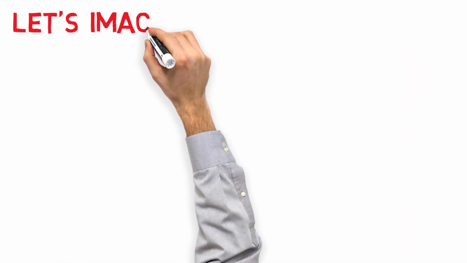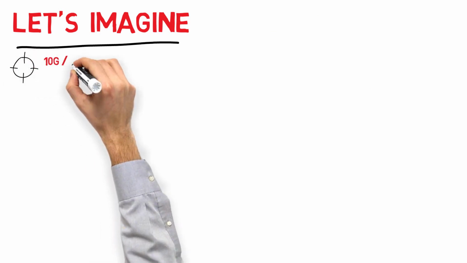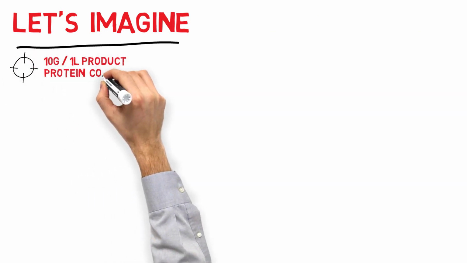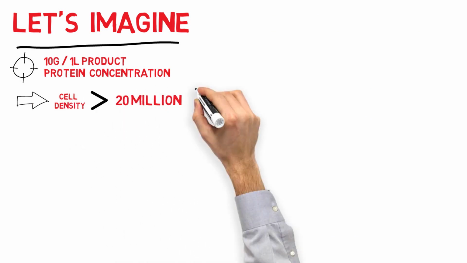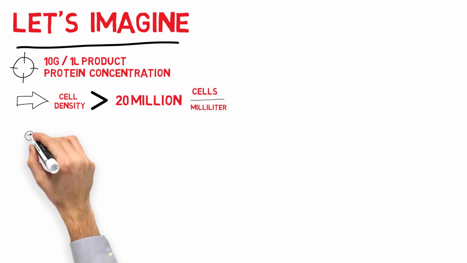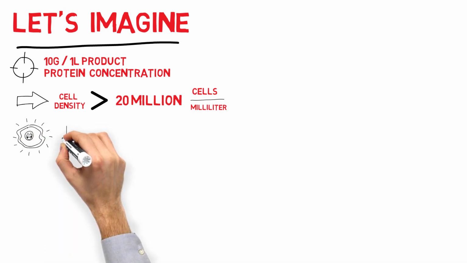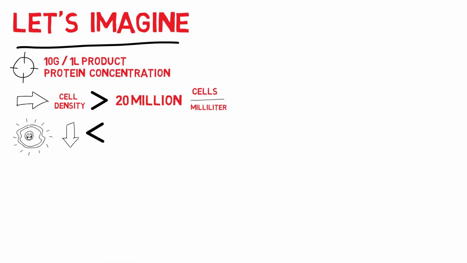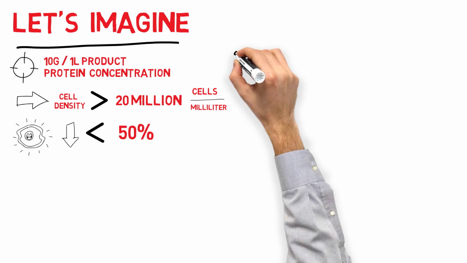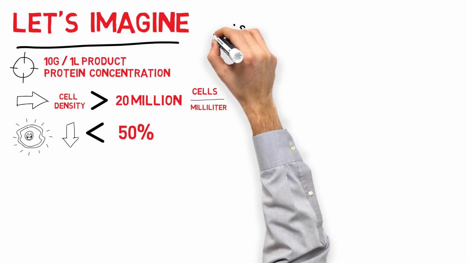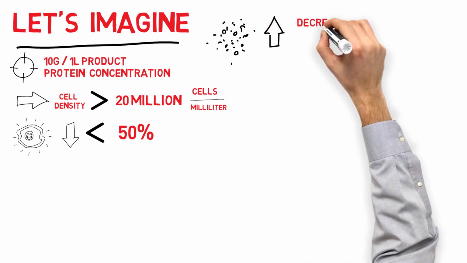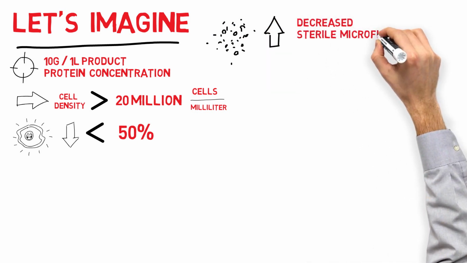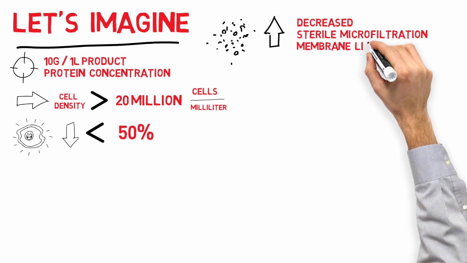Let's imagine that a manufacturer is aiming for 10 grams per liter product protein concentration out of the bioreactor, with cell densities greater than 20 million cells per milliliter. Concurrently, cell viability at the time of clarification has generally decreased to less than 50%. For this scenario, the increased cell debris and colloid content due to lower cell viability has led to decreases in sterile microfiltration membrane life.